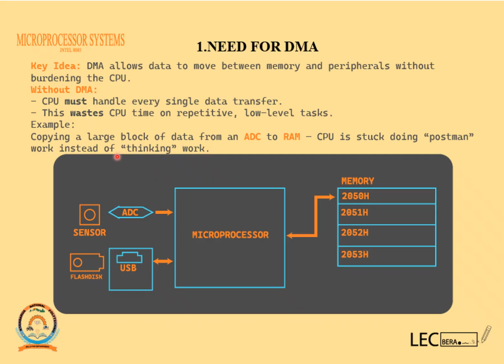Example, when we are copying a large block of data from an analog digital converter to a RAM, the CPU is stuck doing postman work instead of thinking work. So what they are trying to say is that we better engage the microprocessor in thinking tasks rather than in transferring tasks, which are very small, tedious tasks for the microprocessor.